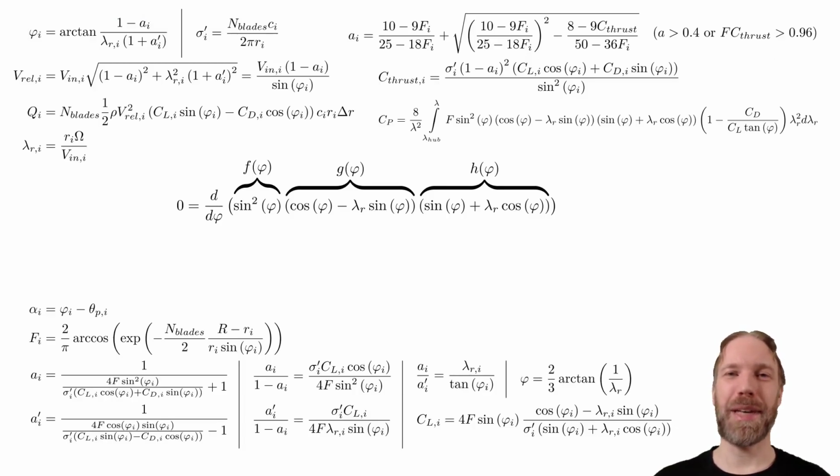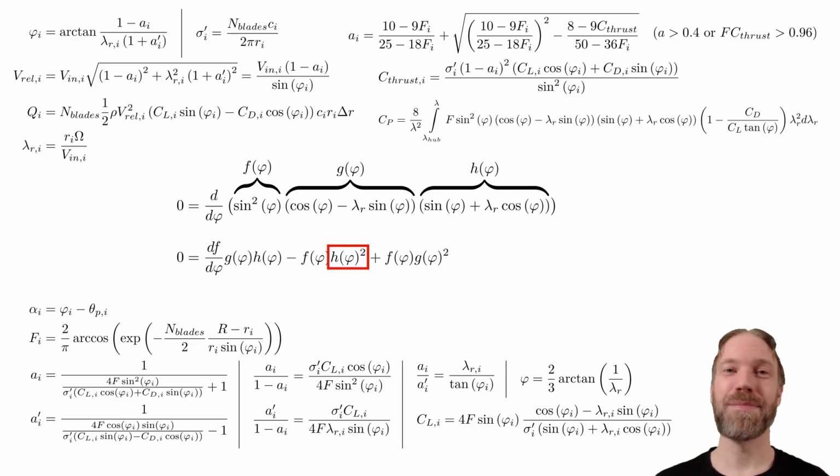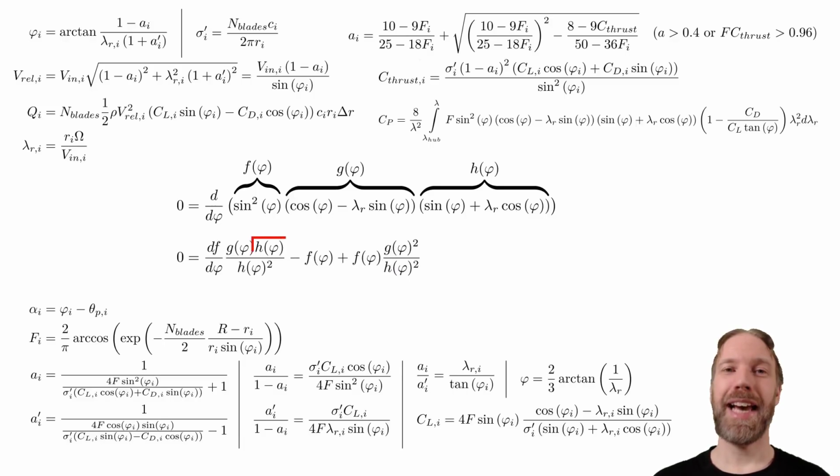Let's go back to almost the beginning. Divide by h squared. H cancels. Insert expression for f of phi.